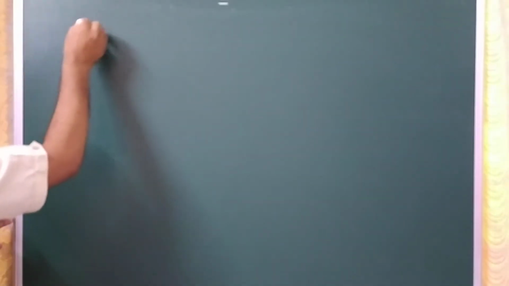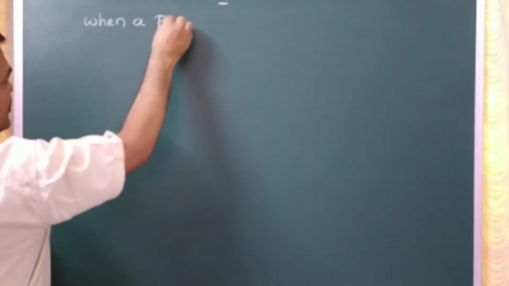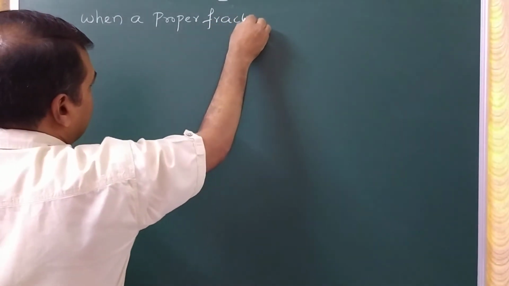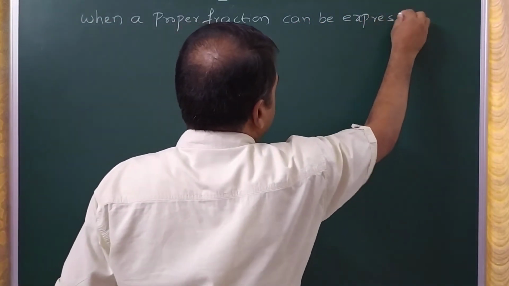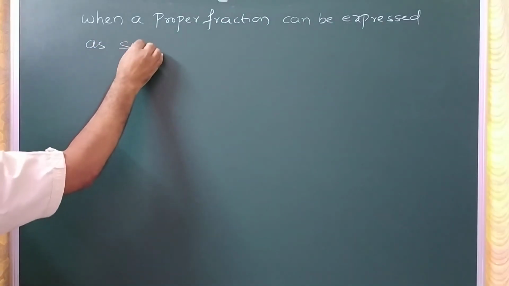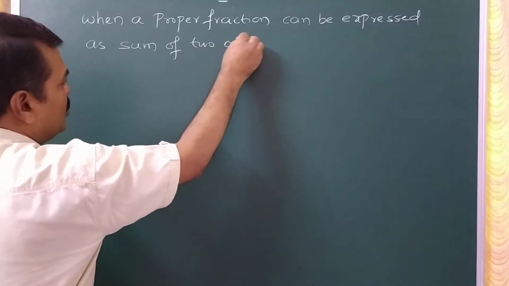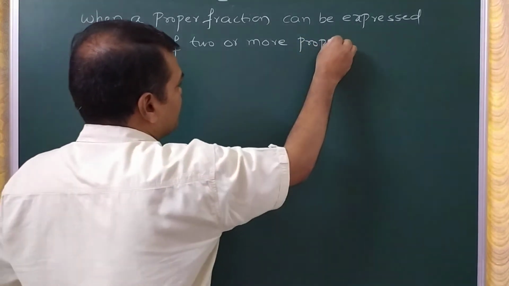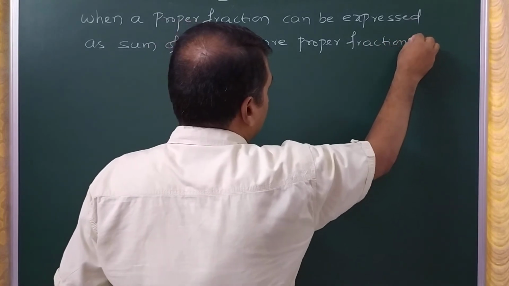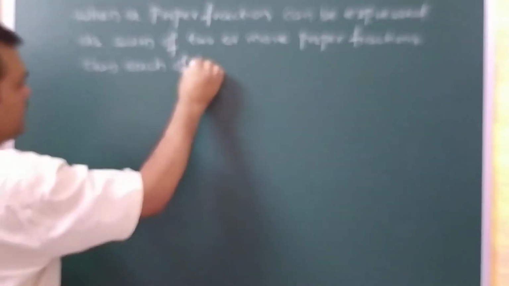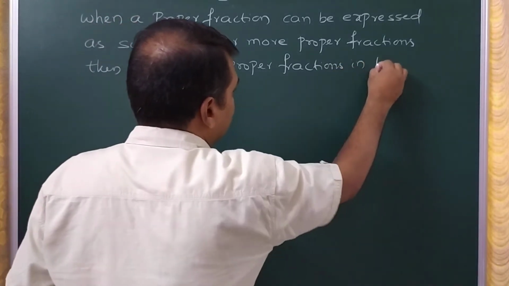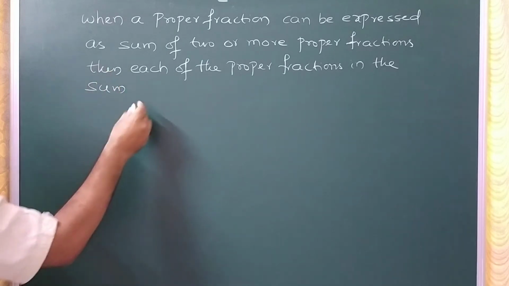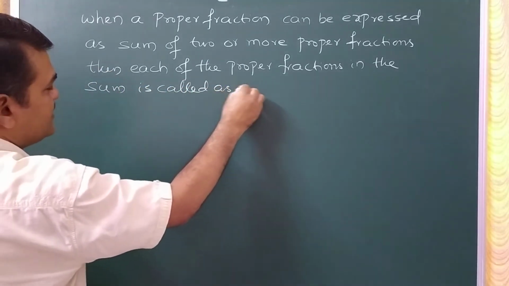So the partial fraction definition is: when a proper fraction can be expressed as a sum of two or more proper fractions, then each of the proper fractions in the sum is called a partial fraction.